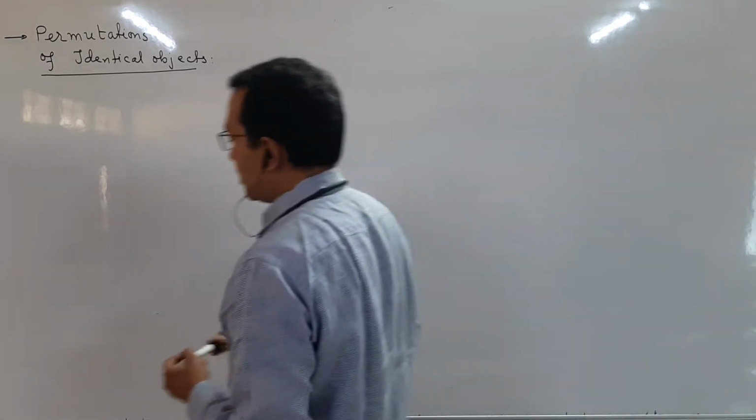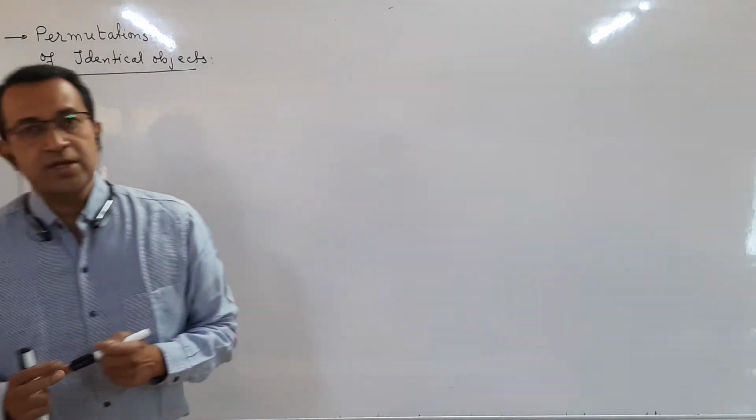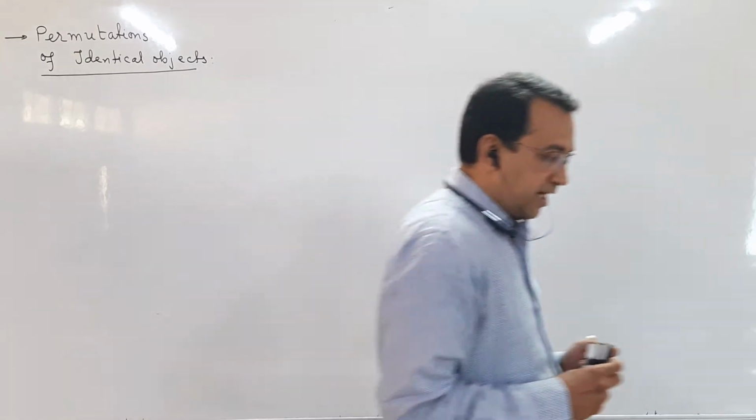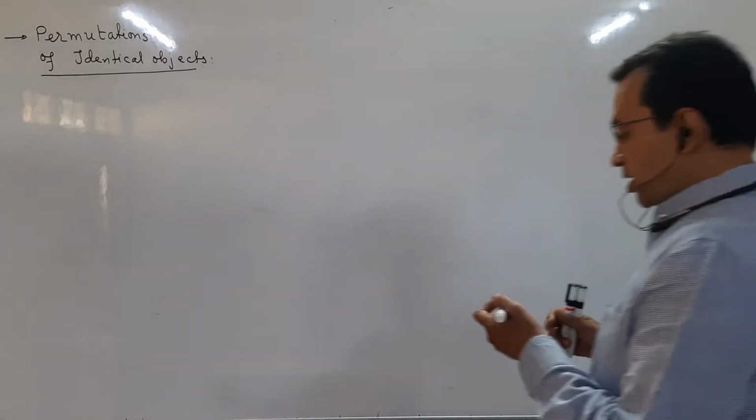So the total arrangement of r items out of given n items is called permutations of r items, and it was denoted by nPr. The formula of nPr is n factorial divided by n minus r factorial, where r can be in the range of 0 to n. Students, this was our basic fundamental understanding with permutation.